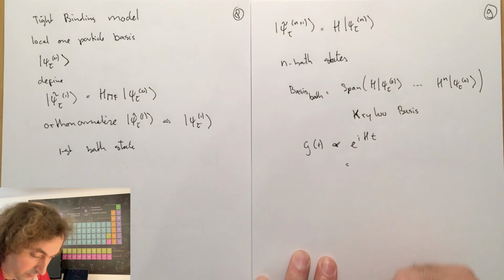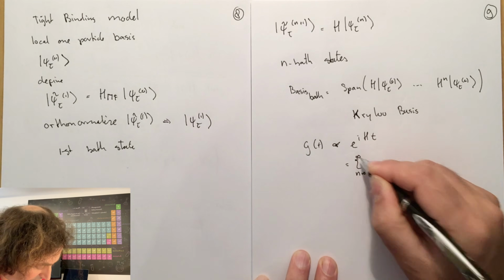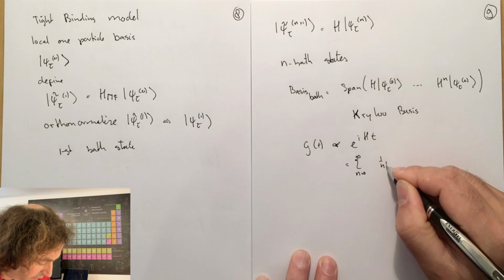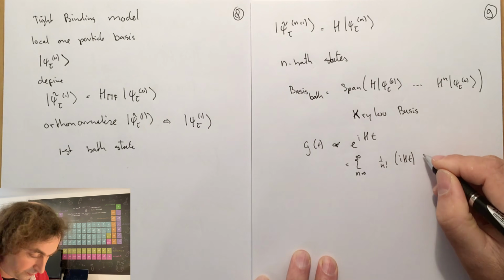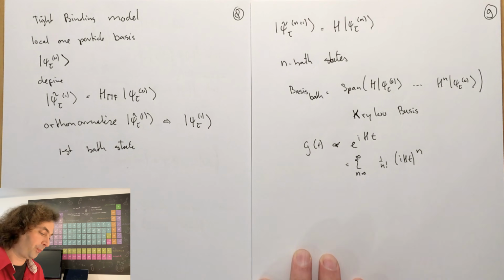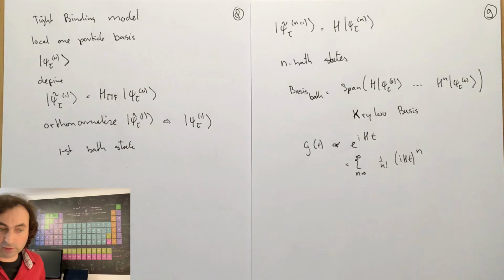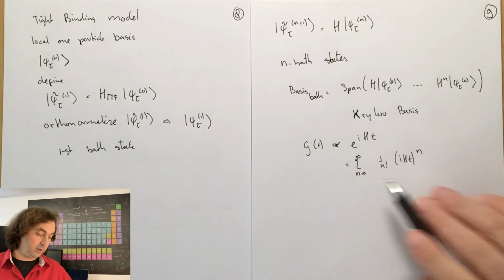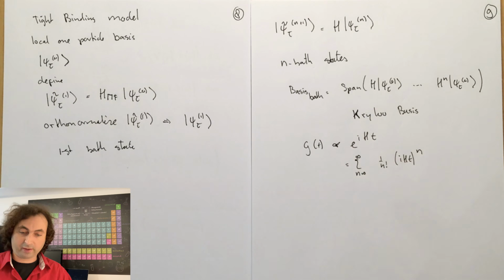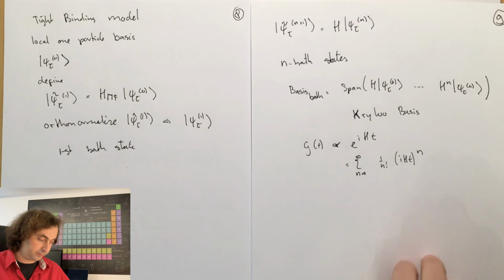And if we now make a Taylor series expansion, then this is the sum n is 0 to infinity 1 over n factorial (iHt) to the power n, such that our Krylov basis spans the first n orders of the Taylor series expansion of the Green's function in the time domain. So if we go up to infinite order, we get back to having a full basis for our Green's function.